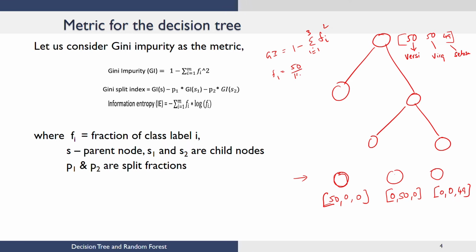So f1 will be 50 by 149, f2 will also be 50 by 149, and f3 will be 49 by 149. Once we have these 3 numbers, we can compute the Gini impurity for this node as 1 minus (50 by 149) whole squared minus (50 by 149) whole squared minus (49 by 149) whole squared. That is how you compute the Gini impurity of this node.